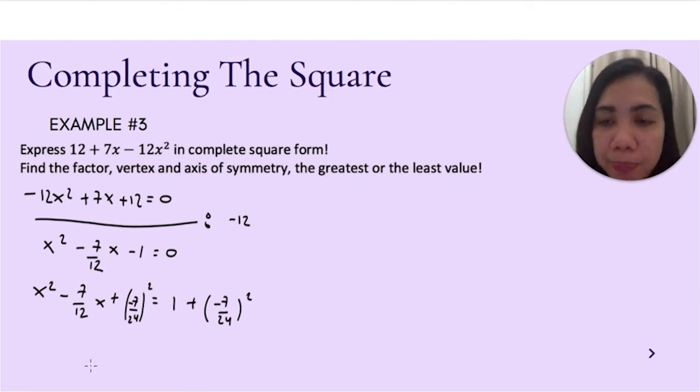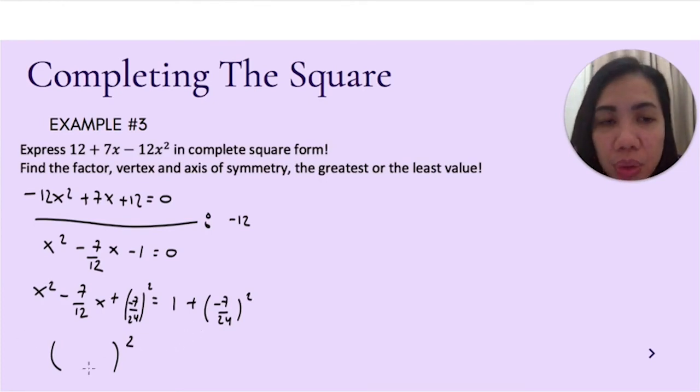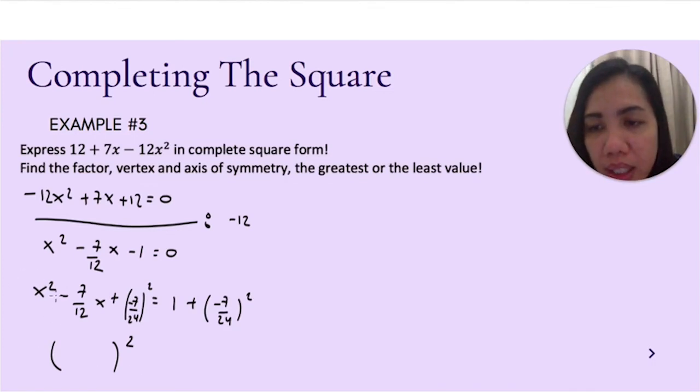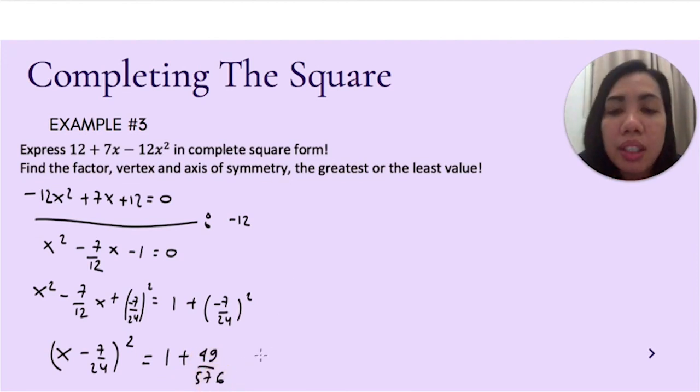And after this, here we want to transfer this into the perfect square like this, because we have added half of b squared to both sides, then it is simple to transfer this into the perfect square, which is just take this x and take this minus 7 on 24. Okay, just that simple. And then for the right side, we have here 1 plus 49 over 576.